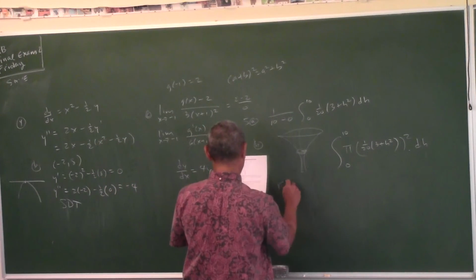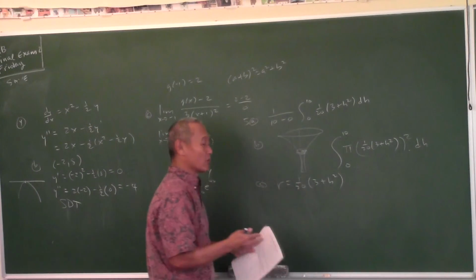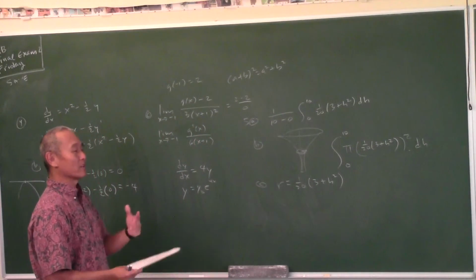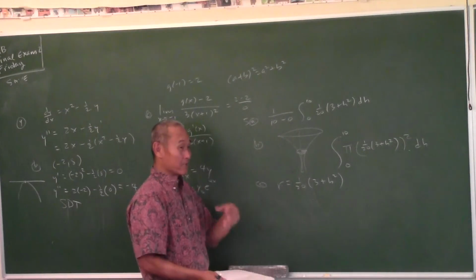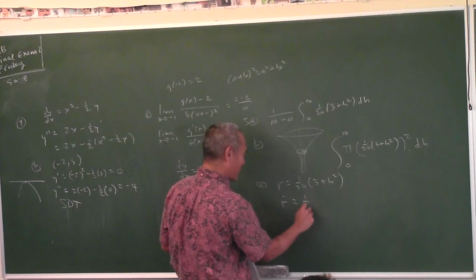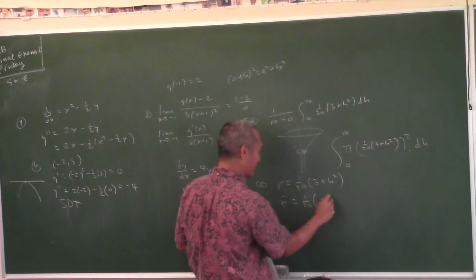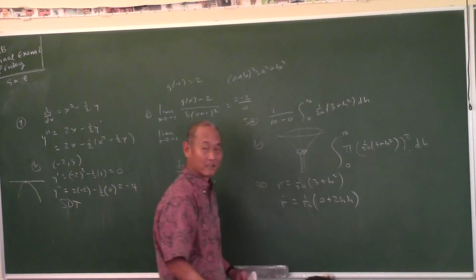Okay, and then finally, r equals 1/20th of (3 plus h) squared. This is a related rates problem. What are the 3 steps to do a related rates problem? Write the equation, but they gave you the equation. Second step, take the derivative with respect to time. r dot is equal to, throw the constant on the side, the derivative of 3 is 0, and the derivative of h squared is 2h times h dot.